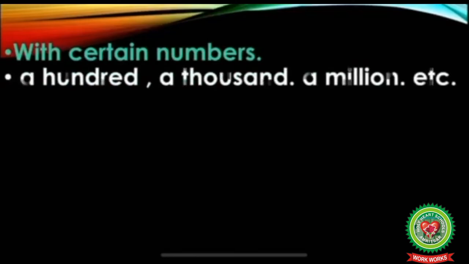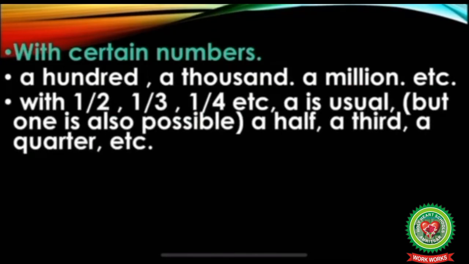Now with certain numbers we use article a or an: a hundred, a thousand, a million, etc. With one, two, one-third, one-fourth, etc., a is usual, but one is also possible.